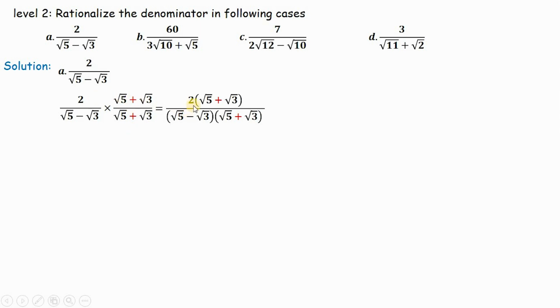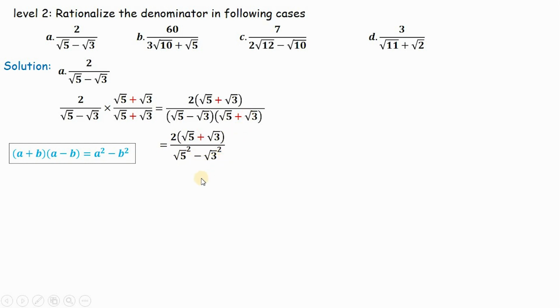So you multiply it, 2 into bracket square root of 5 plus square root of 3 will multiply this, and in the denominator we can use the algebraic identity, that is a minus b into a plus b. So a plus b into a minus b equal to a square minus b square. Therefore you will get 2 into root of 5 plus root of 3 and a square, that is root 5 square minus root 3 square. So you copy the numerator, 2 into square root of 5 plus square root of 3.